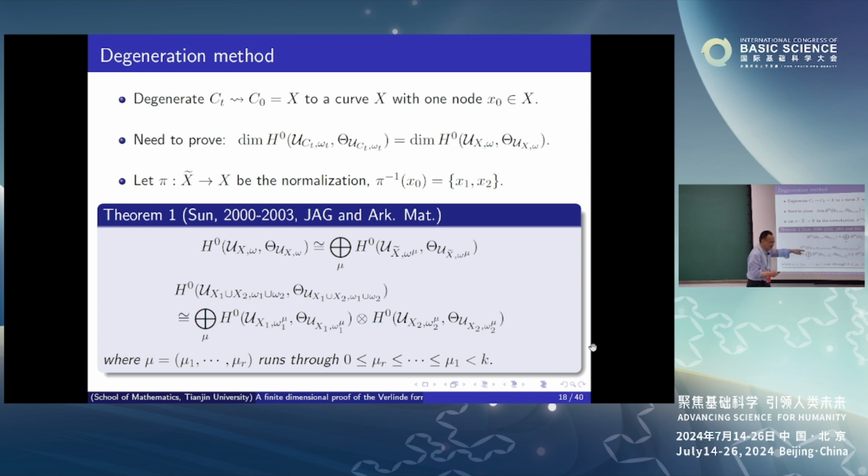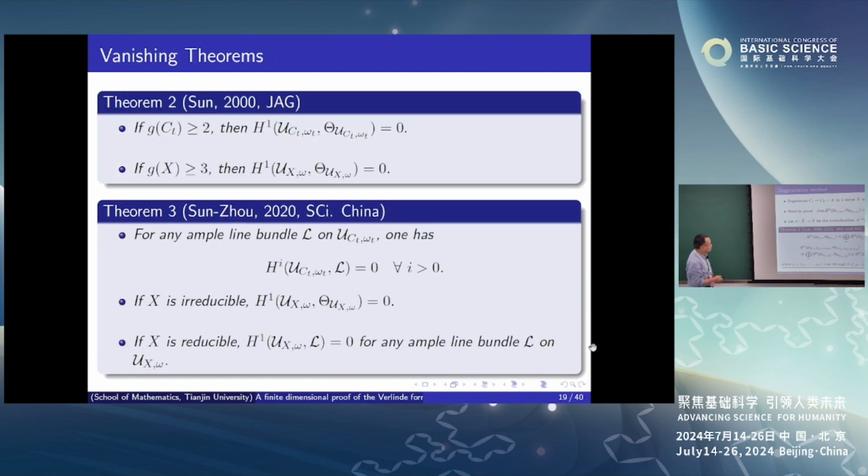So this gives you a possibility to decrease the number of parabolic points. For example, you take x1, x2, p1. You divide the parabolic points into two groups. But in order to have two recurrence relations, we have to prove the vanishing theory.